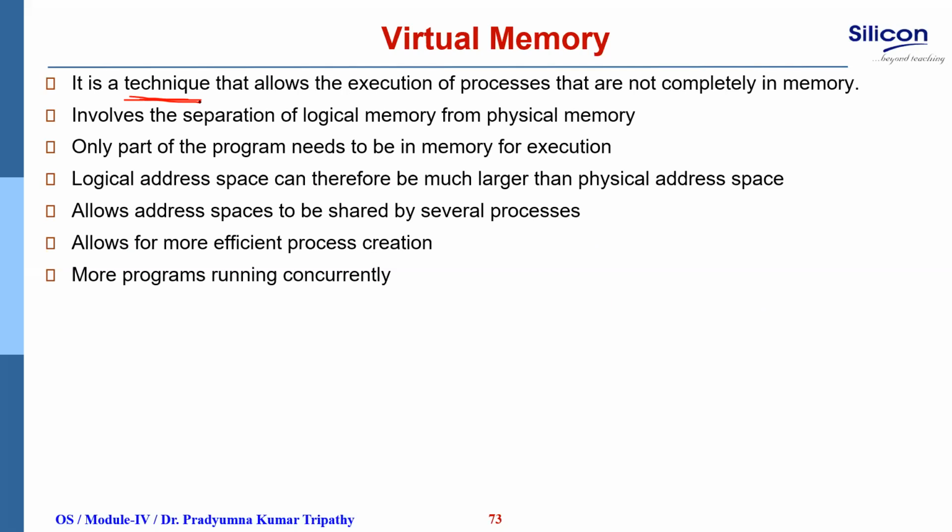It is just a technique that allows the execution of processes that do not completely fit into the memory. So here the logical address space is much larger than the physical address space. It allows us to execute a program beyond the main memory size, because main memory size is the physical address space, and I want to execute a program beyond that space.